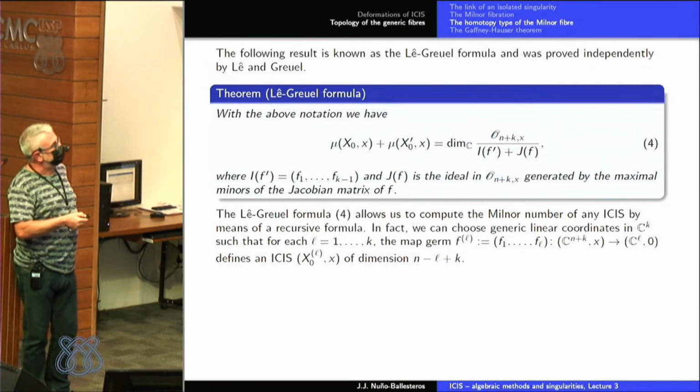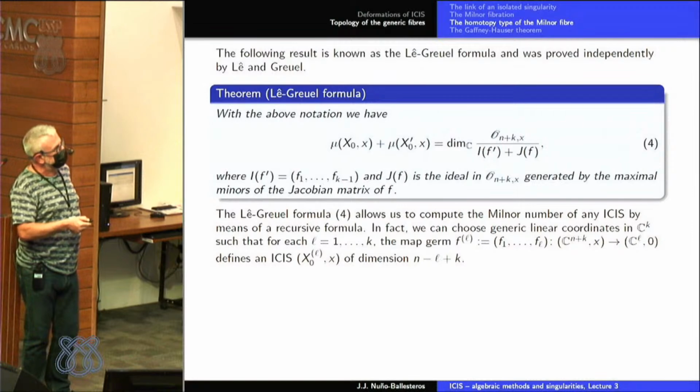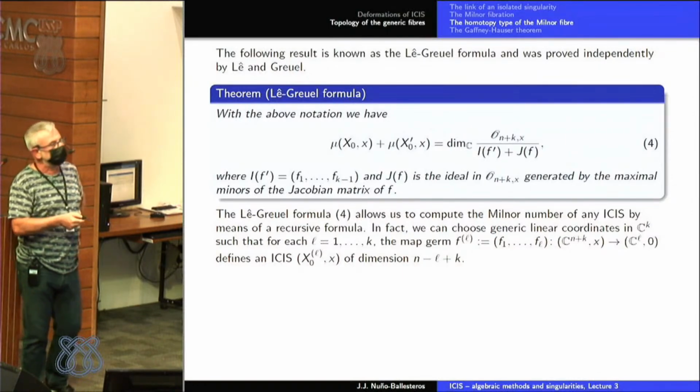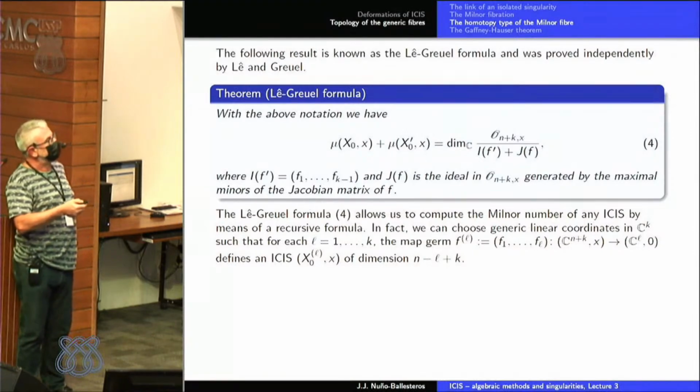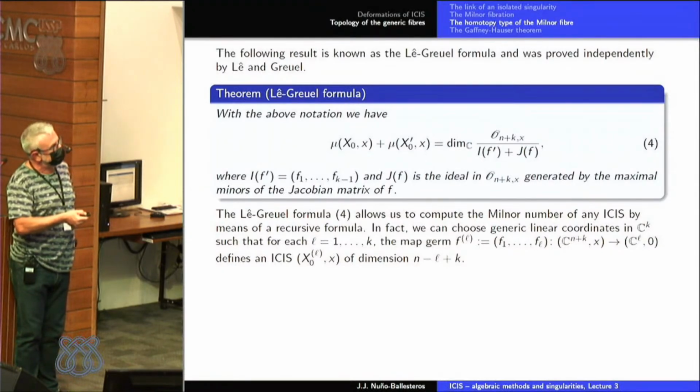And this implies that for each l from 1 to k, this map germ f_l, which takes the first l coordinates, defines an ICIS X_l of dimension n minus l plus k. So we choose linear coordinates such that this is always true.